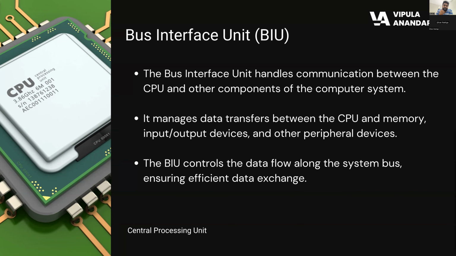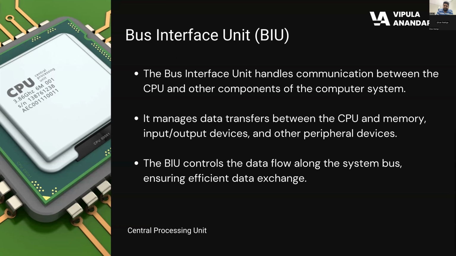So we discussed the Universal Serial Bus, the USB protocol, which is a communication protocol used to communicate data. The bus interface unit handles communication between the CPU and all the other components of the system.